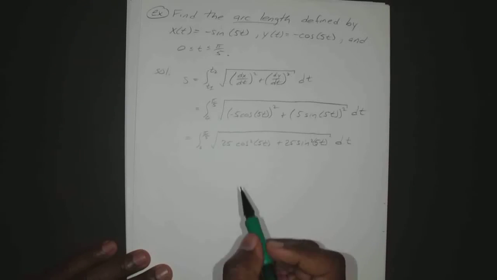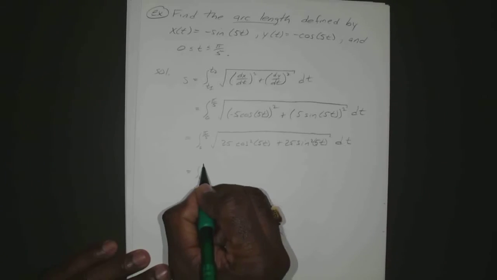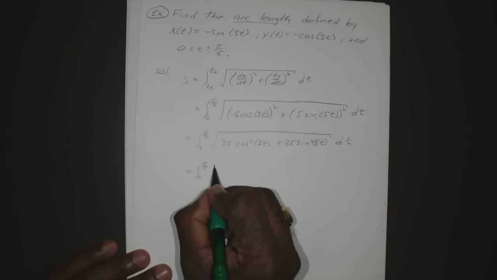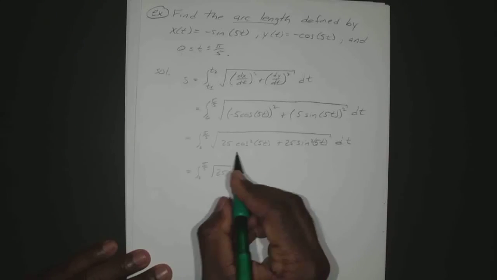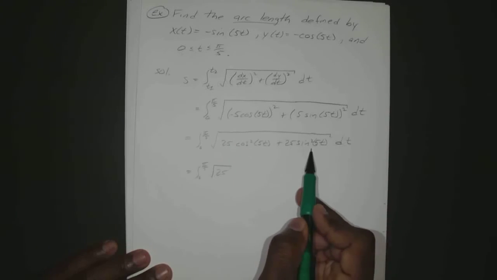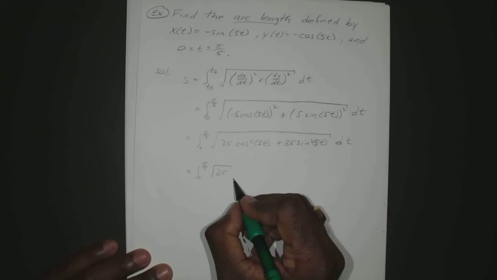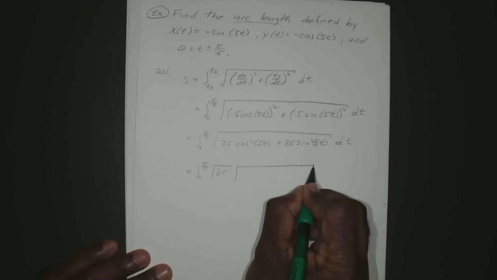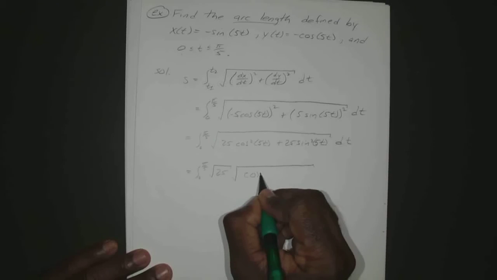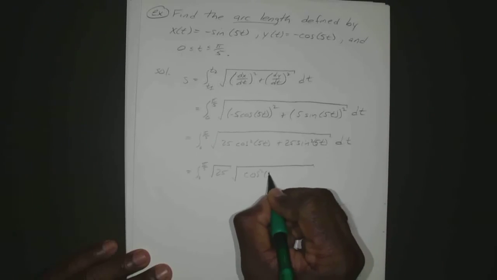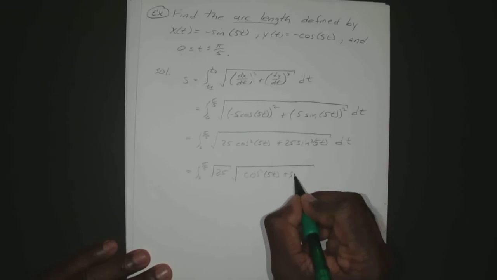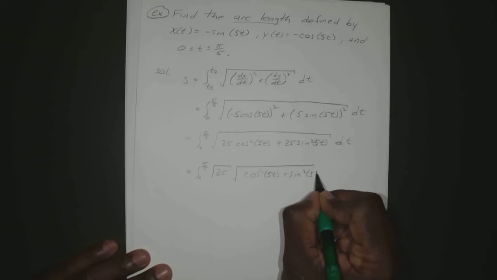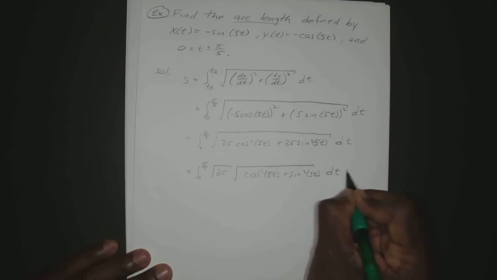If we factor out 25, we have the square root of 25 times cosine squared plus sine squared. So we can just factor that square root of 25 right on out of there. So cosine squared 5t plus sine squared of 5t with respect to t.